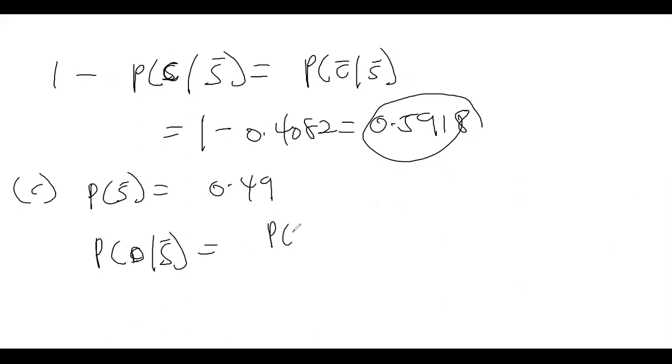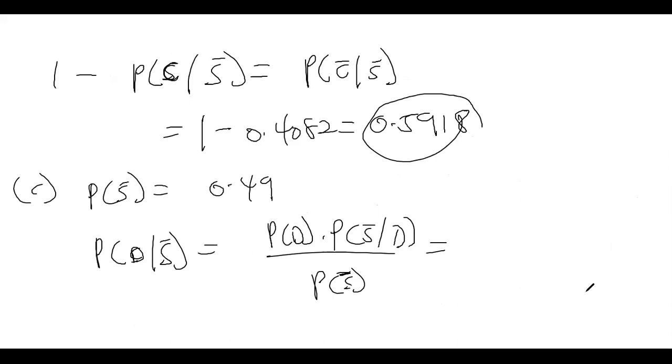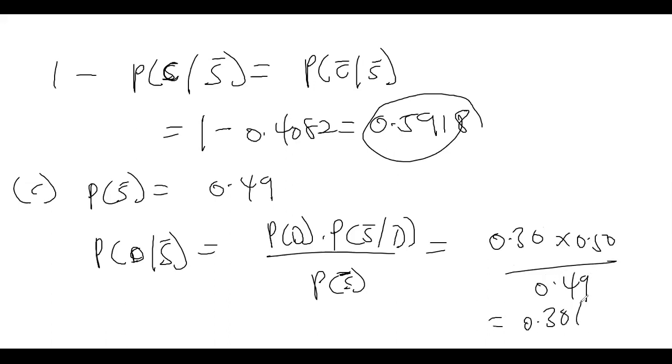So that will be probability of D times probability of not improved based on D, over probability of not improved. This gives us 0.30 times 0.50 over 0.49, and that will be 0.3061.